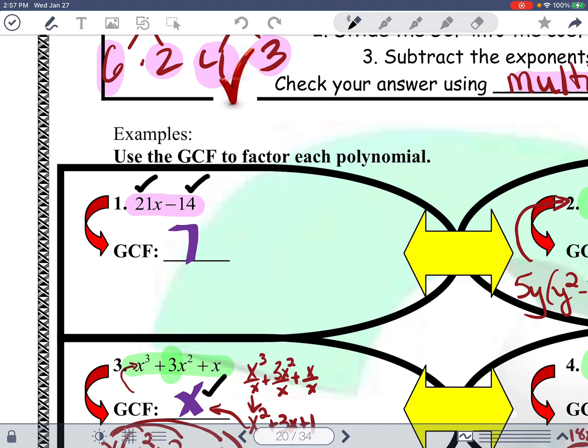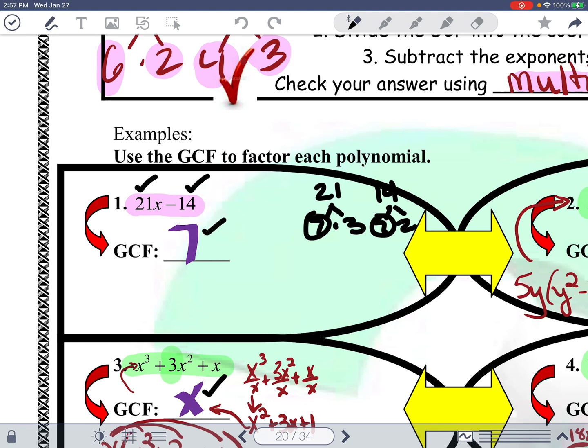Well, it's 7. The factors of 21 are 7 times 3. The factors of 14 are 7 times 2. So their greatest common factor is 7.